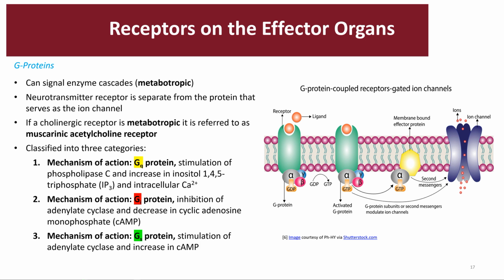It begins with the 3 subunits: the alpha, beta, and gamma subunits. When the first message, a neurotransmitter or hormone, binds to the receptor, it will activate these 3 subunits. The alpha subunit can then interact with GTP, which causes it to dislodge, and the alpha can bind onto an effector enzyme.